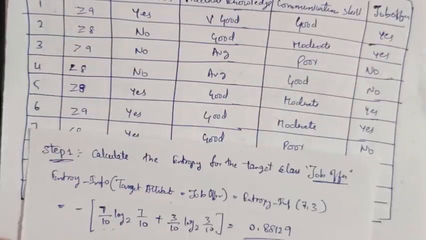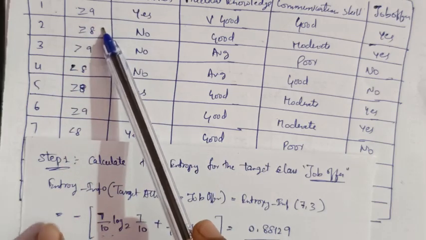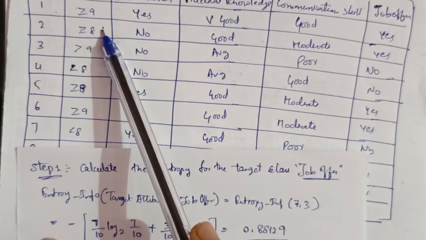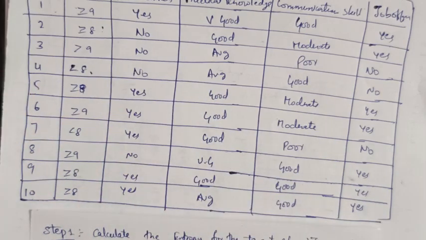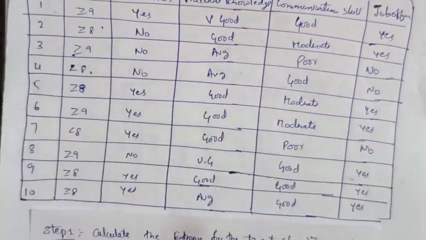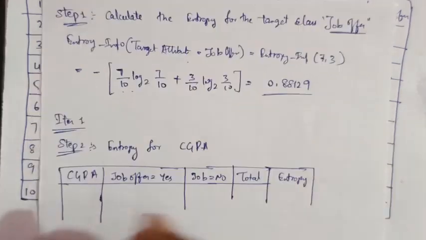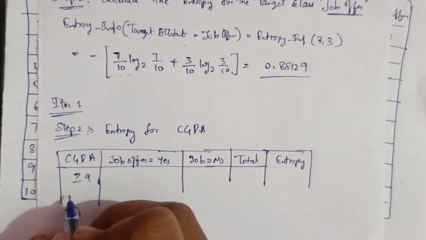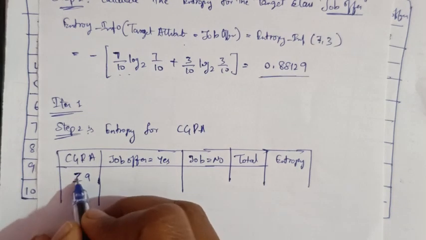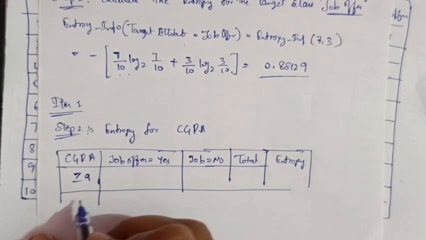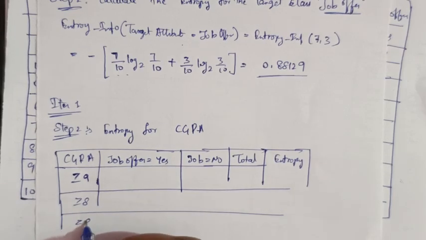For CGPA we have 3 types of instances here, so I am going to take each instance. Here greater than or equal to 9 is the first instance, then the second instance, and the third instance.